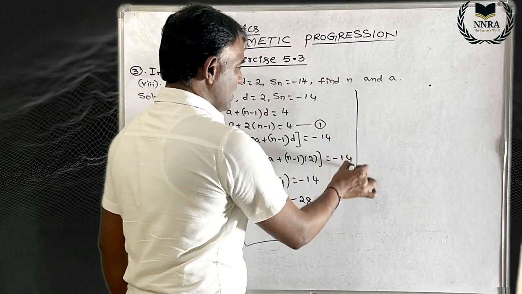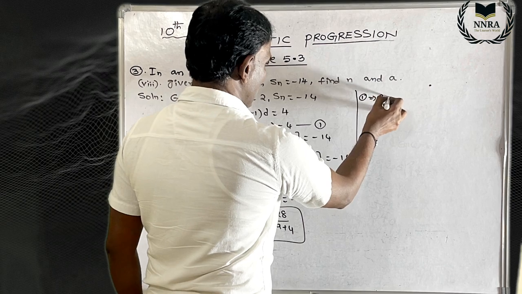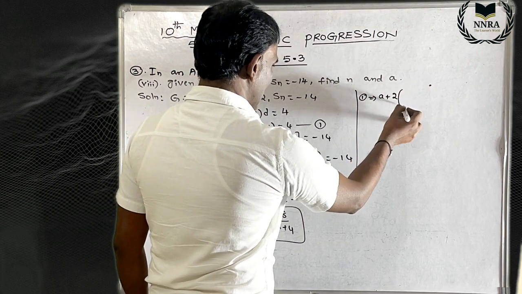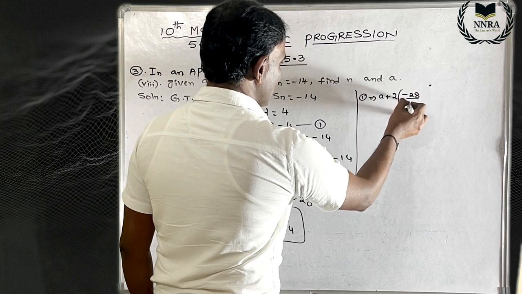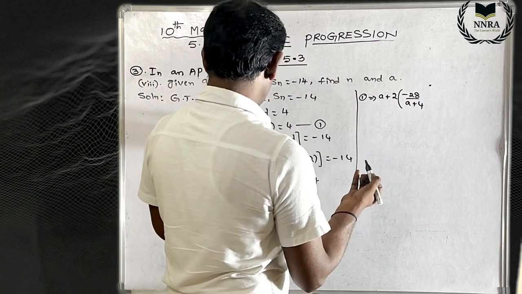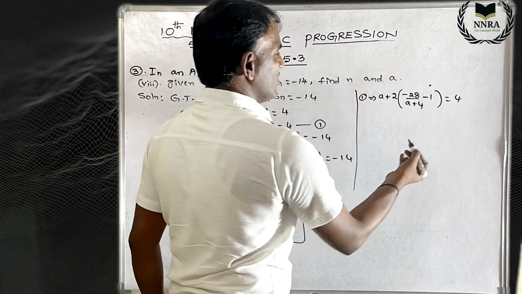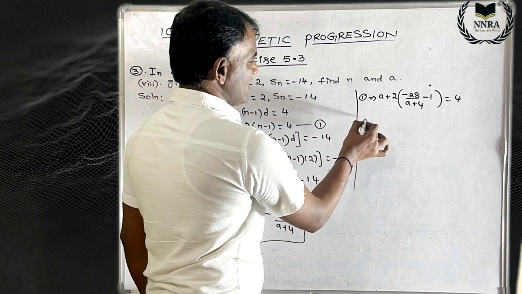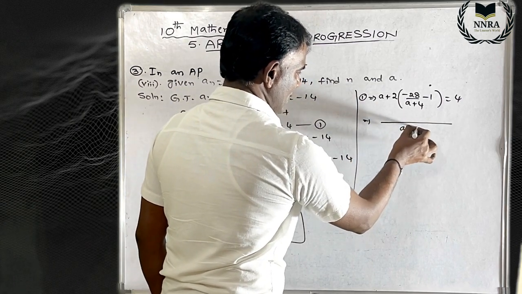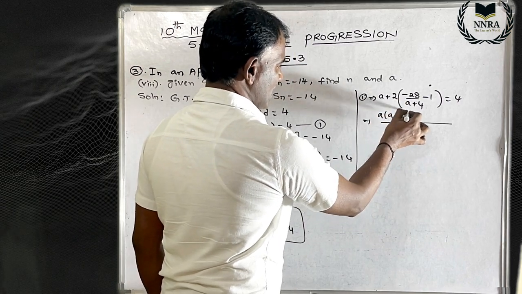So from equation number 1 it implies a plus 2 into n, that means minus 28 divided by a plus 4, minus 1, equal to 4. Then the LCM is a plus 4. So write here a plus 4. Now what is the first term? a into a plus 4.